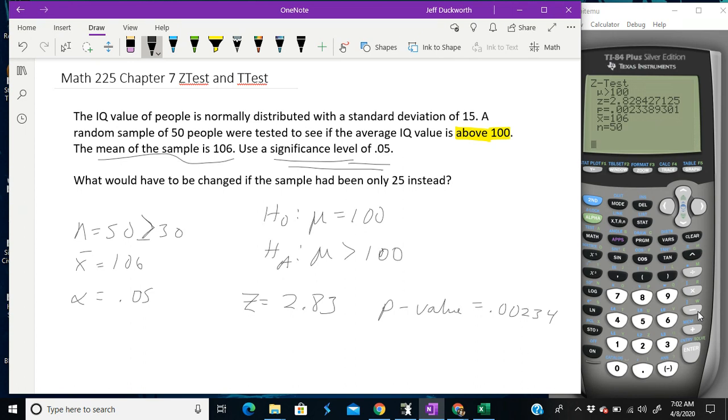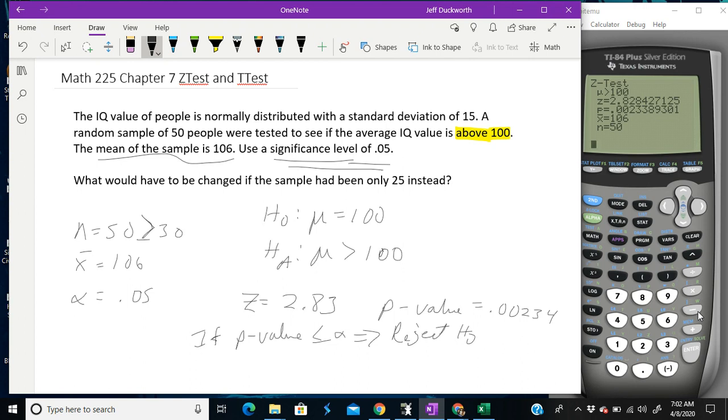So the rule for p-value is if the p-value is less than or equal to alpha, then we reject the null. And if it's greater than alpha, we fail to reject.